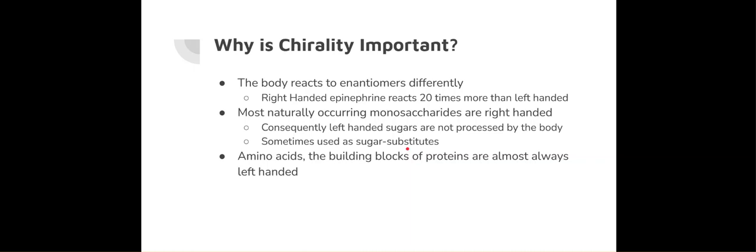It'll still taste sweet, but your body can't break it down and thereby gain weight from it. So that makes it a good sugar substitute. Amino acids, which we will get into in a few weeks, are the building blocks of proteins in our body, and they are almost always left-handed.